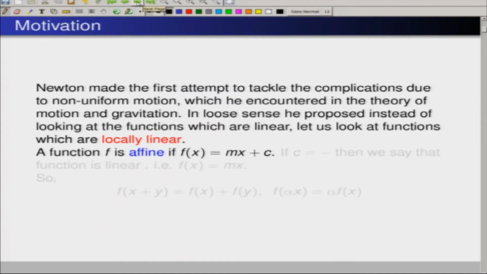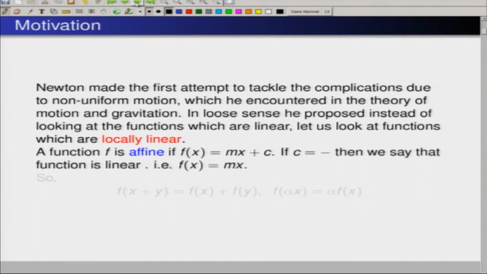Well, what is a linear function, or rather an affine function? We say f is affine if f of x equals m x plus c. We are familiar with this. Now, if c is equal to 0, then we say the function is linear. That means this is a line which passes through the origin.